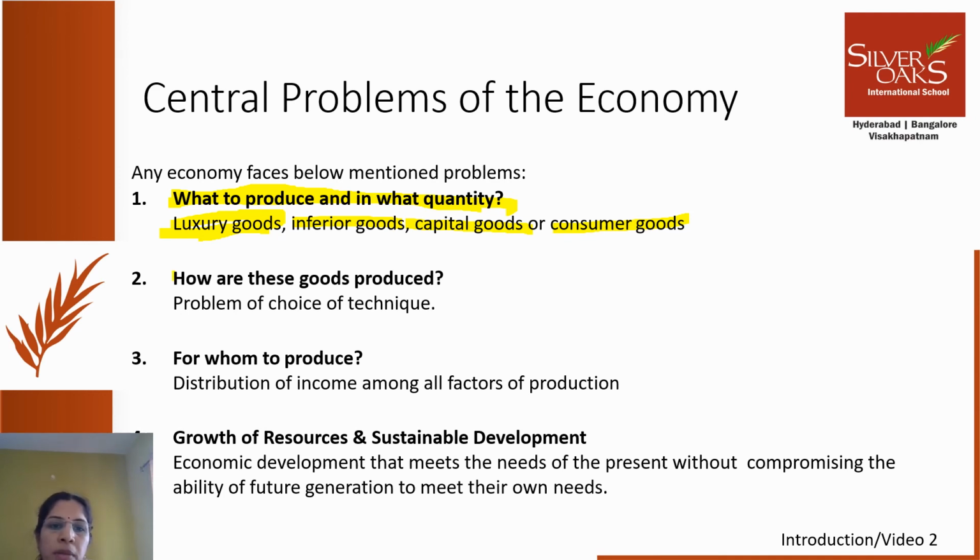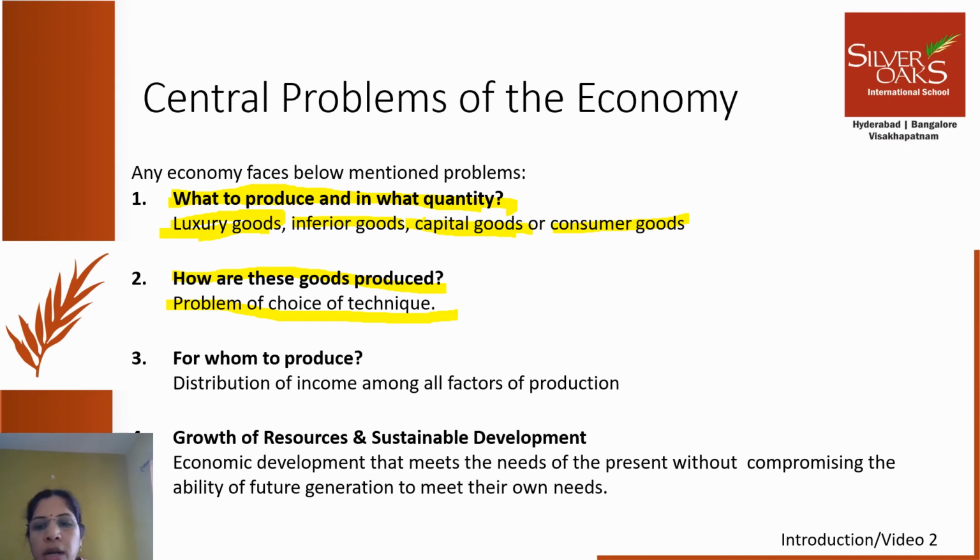What is the second problem? How are these goods to be produced? Now that we decided we have to focus more on capital goods, how should we produce these goods? Which means what kind of technique should we use? Should we use a labor intensive technique or a capital intensive technique? When I say labor intensive, especially in India, there are so many people without gainful employment, so it is always better we use labor intensive technique.